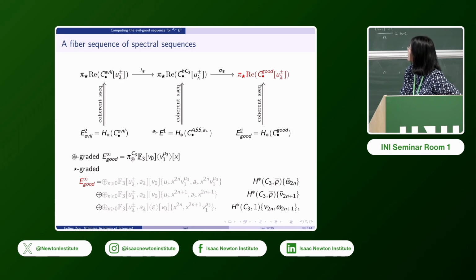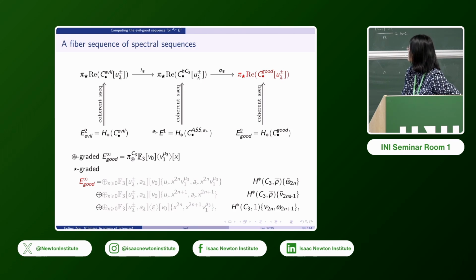So now I'm restricting to the ROC3 graded part, and then we can pick out the ROC3 graded elements from here, like this. The precise formula is not important, but we can rewrite this as some group cohomology of some representation: for these cases we have rho bar, and for these cases we have the trivial representation.